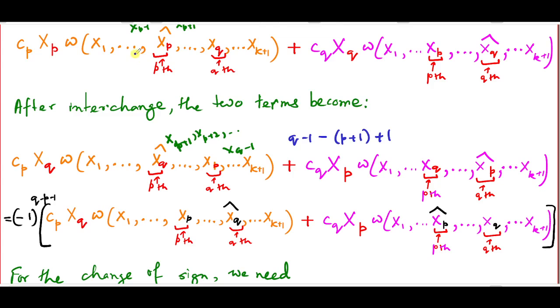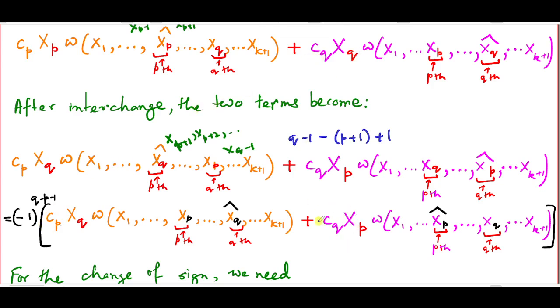And an exactly identical factor will come about if we were to try to move the xq here back to this position, because it will have to jump across exactly the same number of vector fields. So the interchange version becomes this. Now if you want this pair to have a negative sign compared to the original, then what you need is that this factor here must be minus cq.